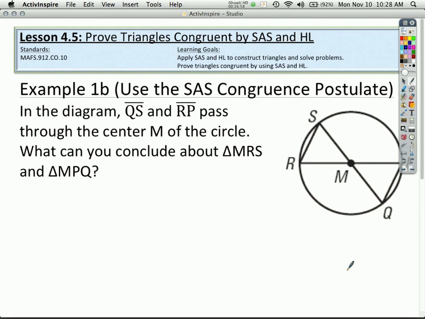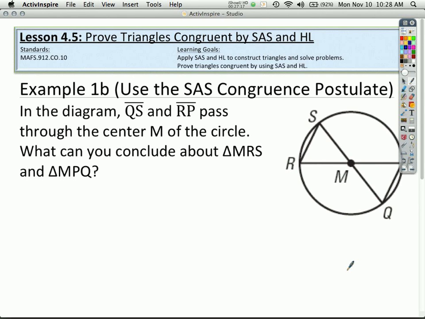I'm asking a different style of question. I'm not asking you for a proof. But we have a bit of a more complex picture, and I've introduced a shape that we haven't really talked about yet, the circle.